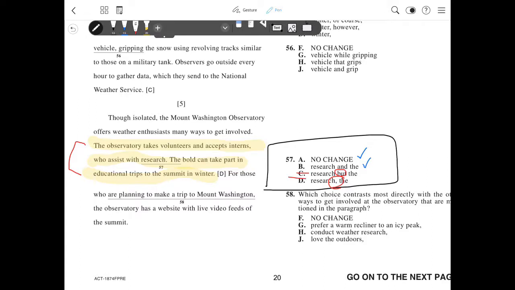So now we're down to options A and B. And this is something the ACT does do pretty often, so it's good to be on the lookout for that. So A and B, they both could potentially work. A leaves it as two separate sentences, and B basically adds a conjunction and. But if you look at B a lot more closely, you can see that there is actually no comma in between the words research and.